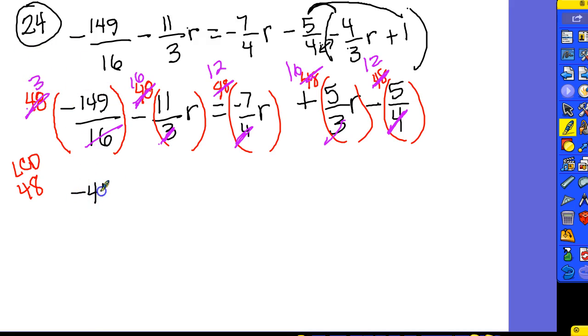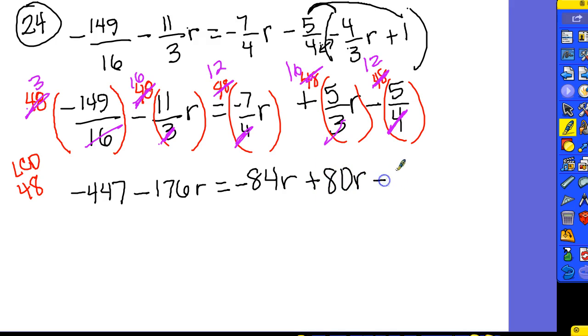So that's negative 447 minus 176R equals negative 84R plus 80R minus 60.